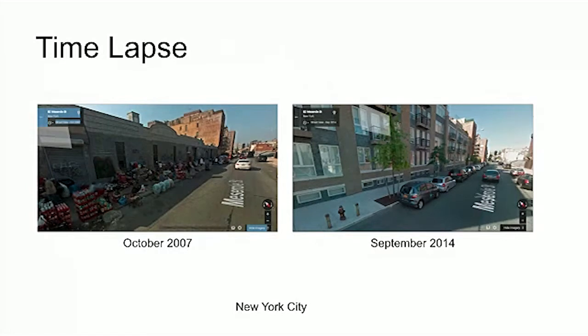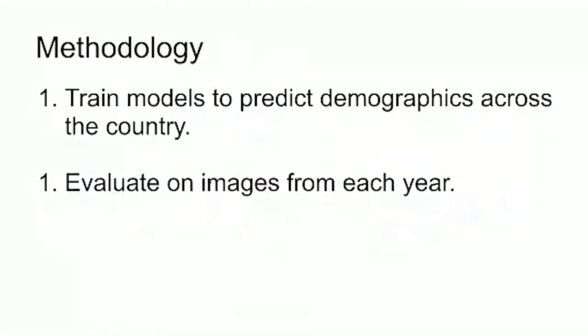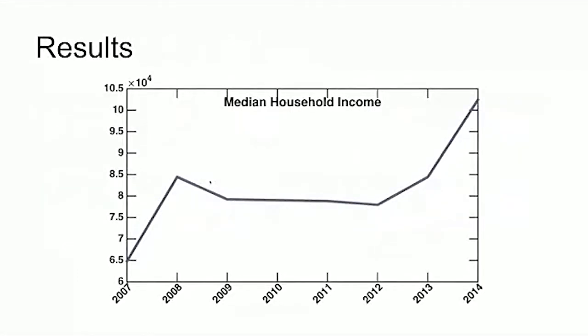So we wanted to see if we could do this using computer vision and just looking at the cars. We did that for New York, and we used the models that we trained to predict demographics for each year. Here's what we found.